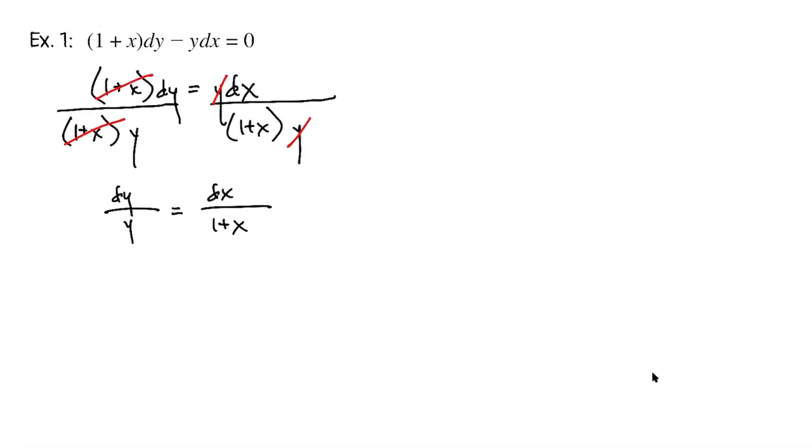So this is the stage that I usually call separated. So we separated our equation, meaning that all of our y's and x's are on different sides of the equation. Now, after we separate, then what we're going to do is integrate.